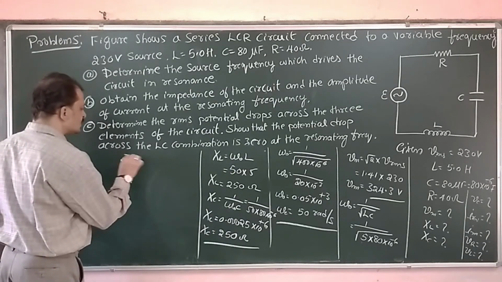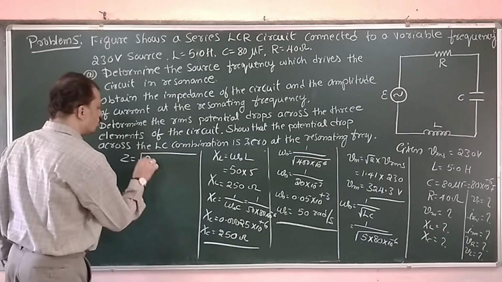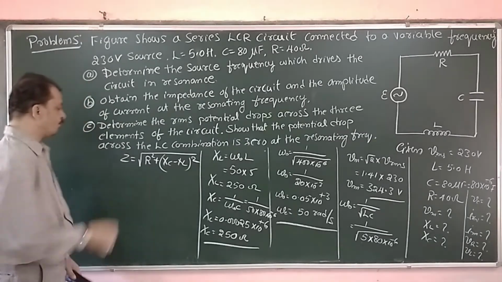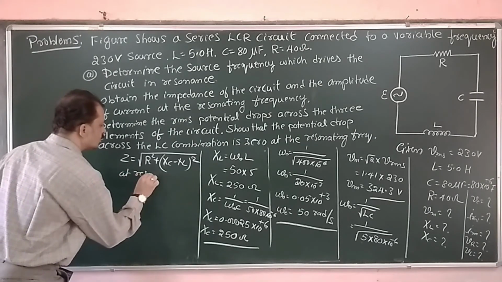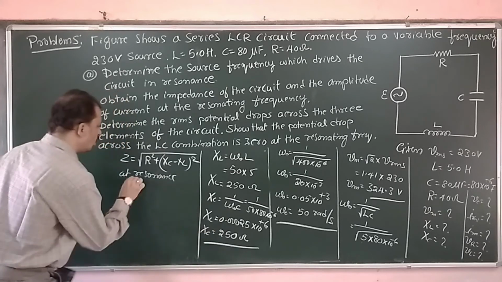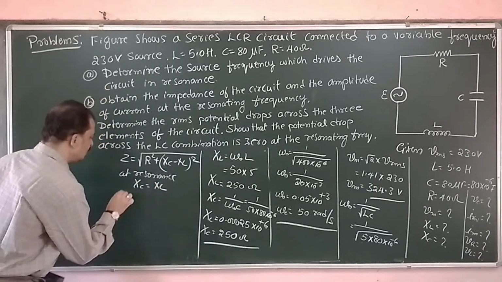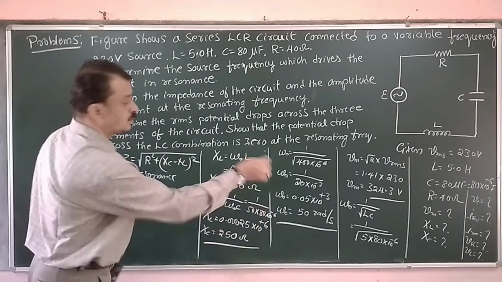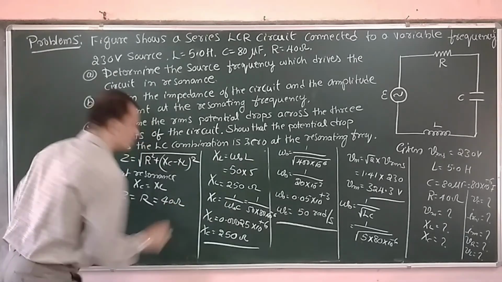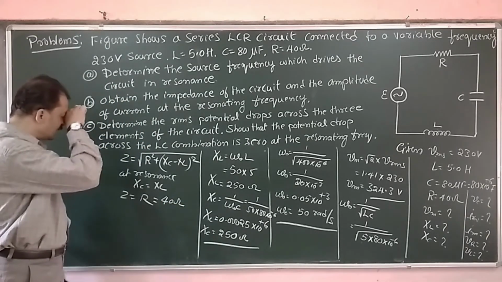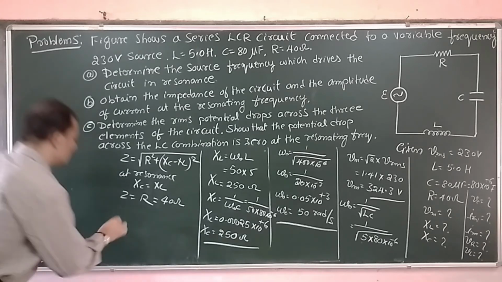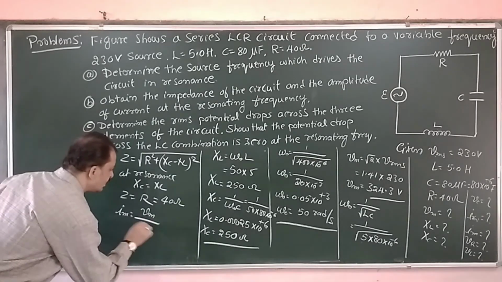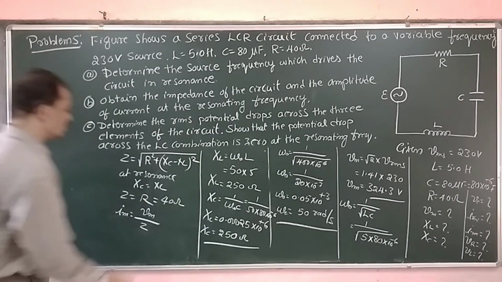Now the impedance Z is equal to square root of R square plus Xc minus XL whole square. At resonance, we have found Xc is equal to XL, therefore Z is equal to R. Now what is the value of R? We have 40 ohm at resonance. Therefore, the amplitude of the current, that is peak value of current, Im is equal to peak value of the voltage divided by the impedance at resonance.